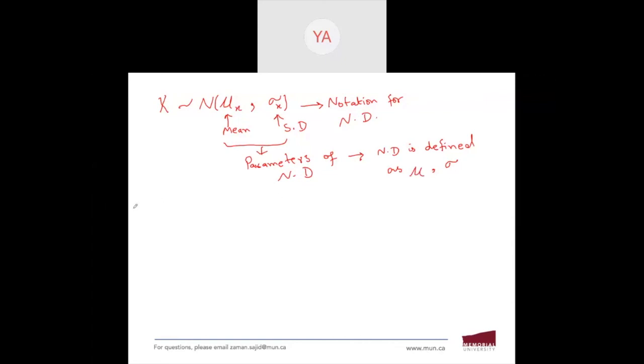Now, what is the PDF here? The PDF for normal distribution, as we are talking about the continuous random variable, so it will be a PDF.